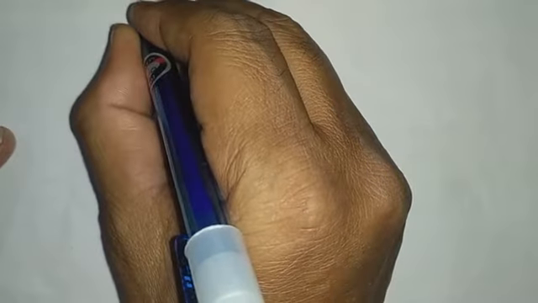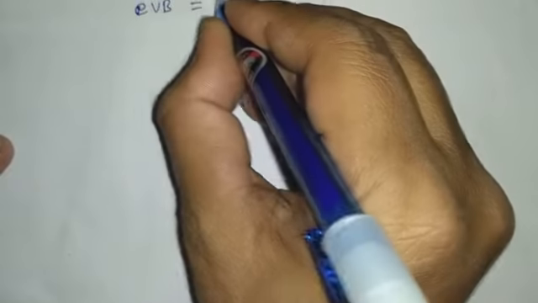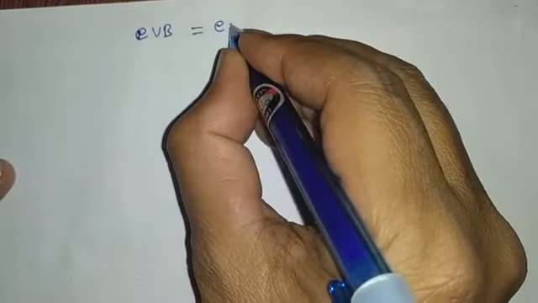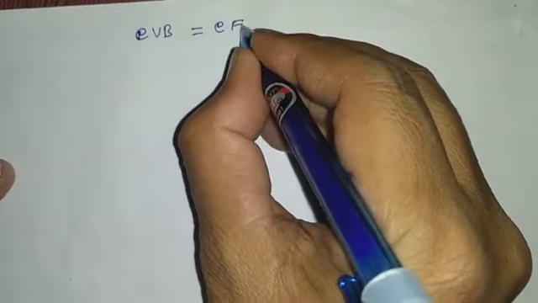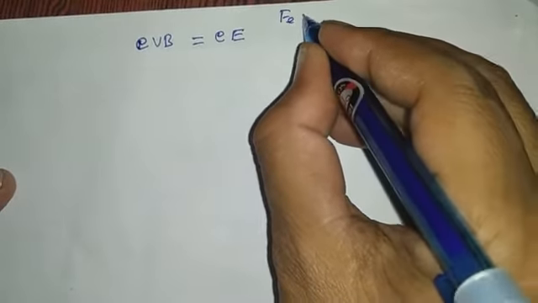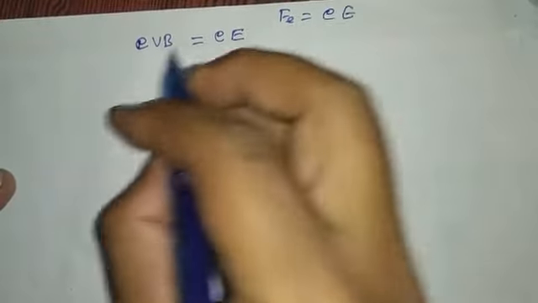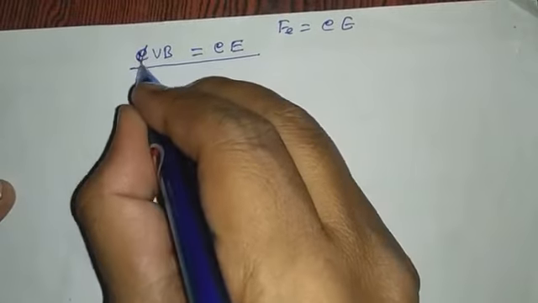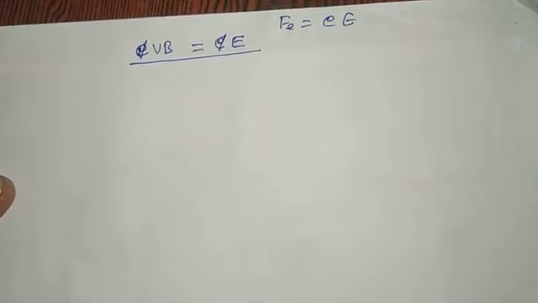At this condition, the Lorentz force, that is evB, becomes equal to the electric force, eE. Since we know the electric force is equal to eE, e cancels on both sides.